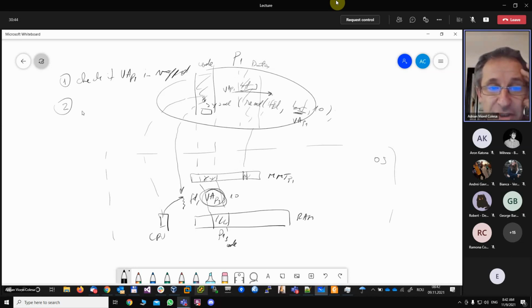The second condition to be checked, check if permission rights are okay for that VA. Why?